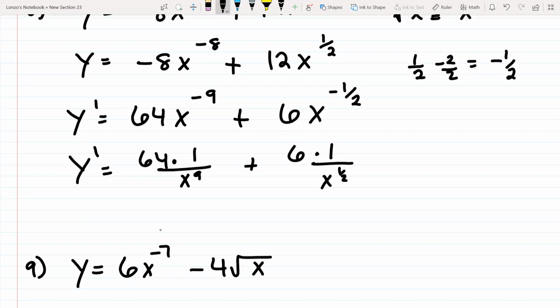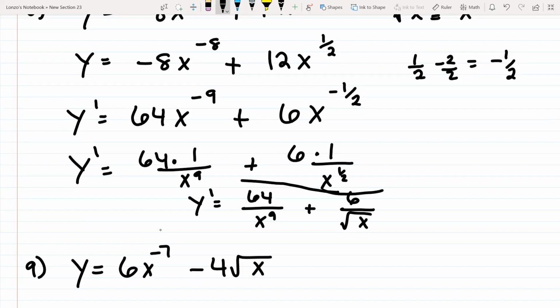So y prime would be 64 over x to the 9 plus 6 over square root of x. Okay, so that would be your final answer.